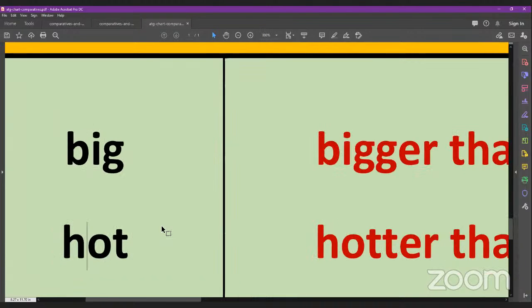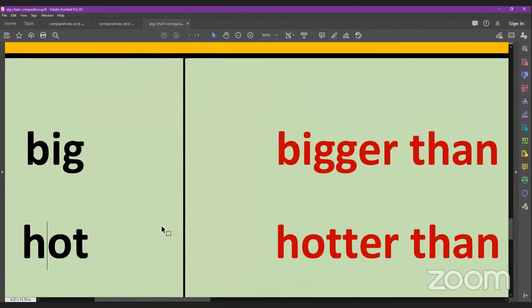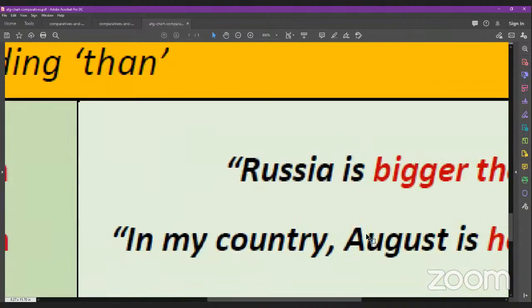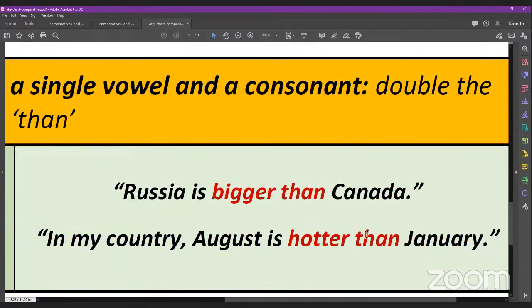For these kinds of words, we duplicate the last letter and we add the suffix er. Big, bigger than. Hot, hotter than. Let's check out the examples. Russia is bigger than Canada. In my country, August is hotter than January.